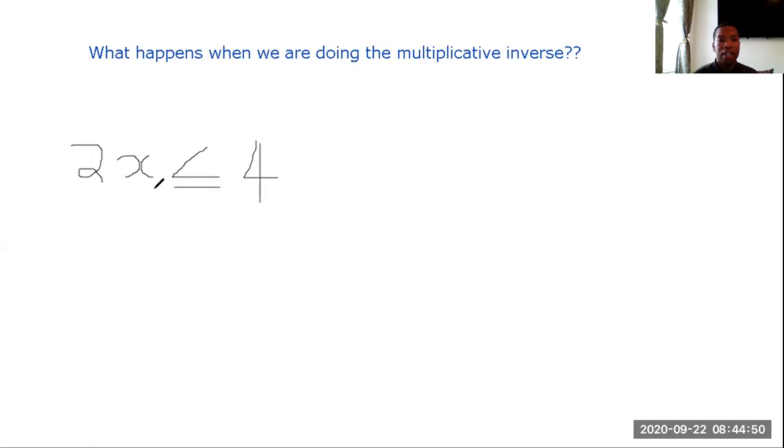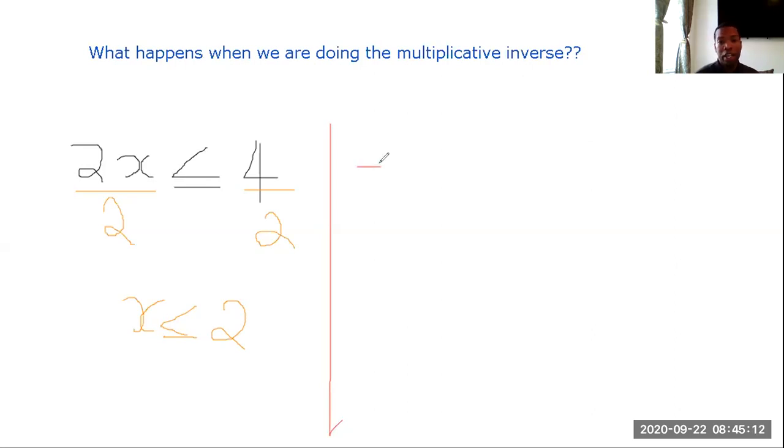Yes, that's correct. I will do a divide by 2 on both sides. So x is less than or equal to 2. This is what we're talking about inequalities. Not hard, right?